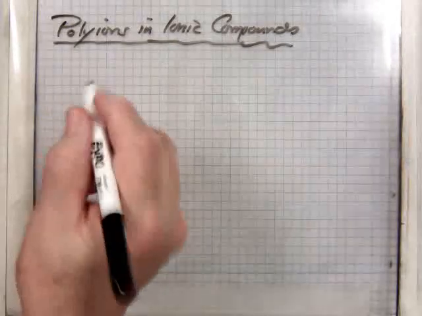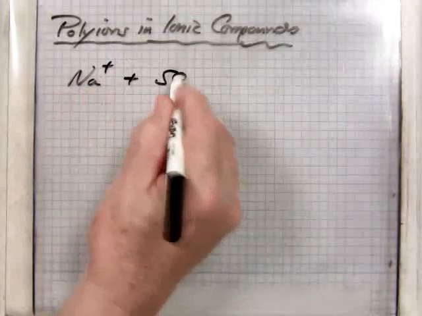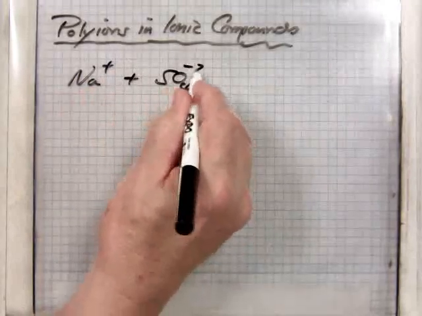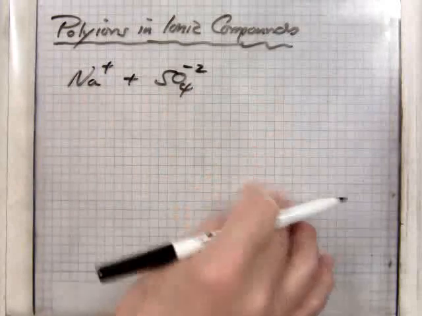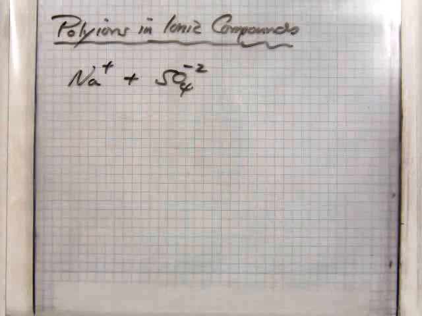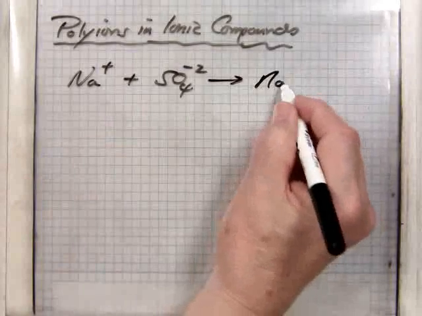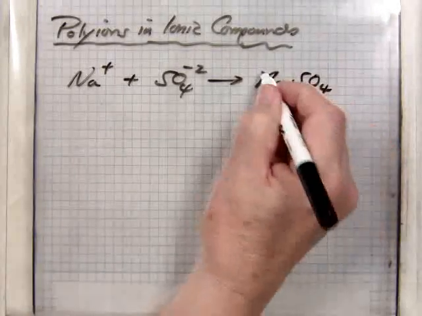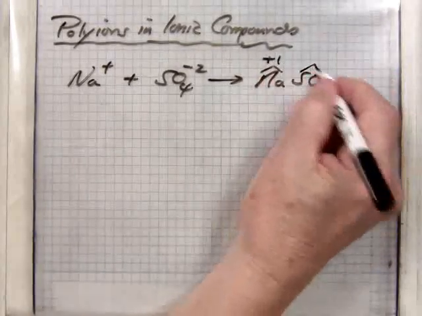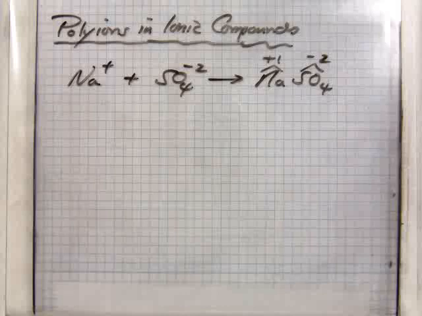For example, if you have sodium, +1, and you're combining it with sulfate, which is a -2, the sulfate has to stay together, including the subscripts and charge. So when I hook sodium and sulfate together, we're looking at a +1 and a -2 for the entire SO4 structure, as you remember from your polyion quiz.